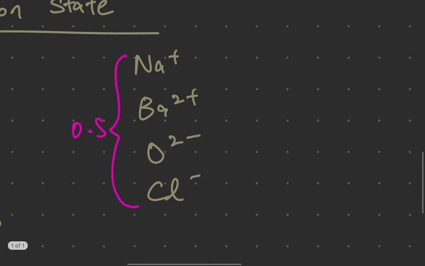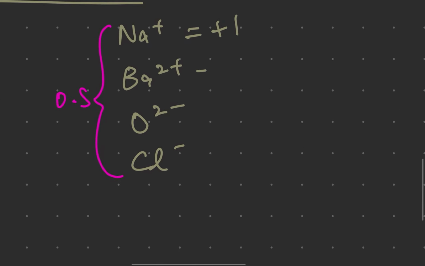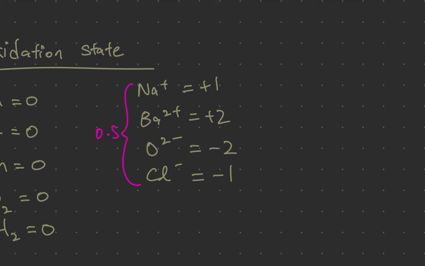The oxidation state, like I just said, represents the number of electrons it has lost or gained. So over here it's a plus, so we can actually just mean that it lost an electron. So the oxidation state is +1. For barium it's +2. For oxide it's -2. For chloride it's -1. Kind of getting the gist here, right?